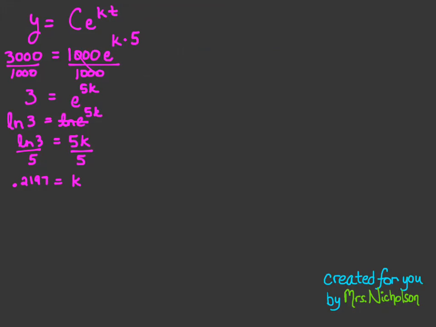So now we're ready to write an equation that we could use to find the number of bacteria at any time. I'm going to go back to our original formula, and we're going to say that the number of bacteria in any time, y, is equal to the initial amount, which is 1,000, times e, our k, we just figured out, is 0.2197, and then I can multiply that times any time t. And so that's our equation, the equation that they're asking for in part A of that question.